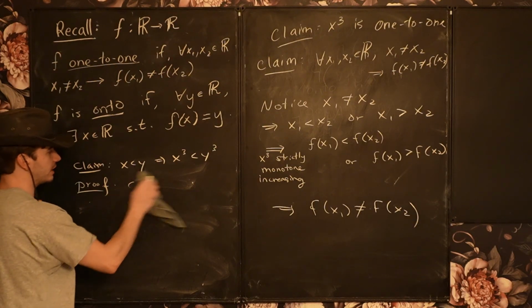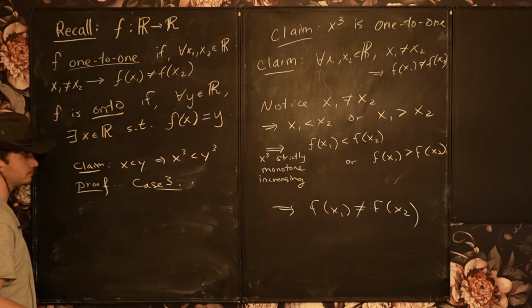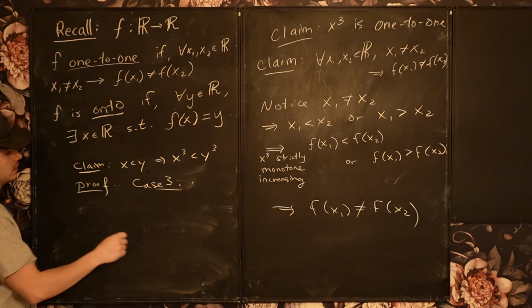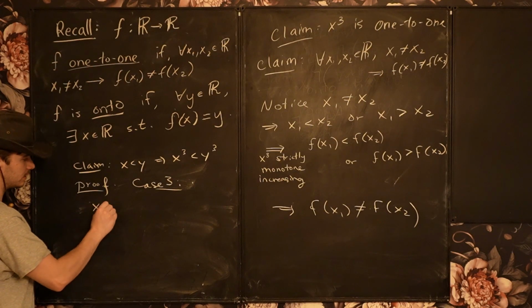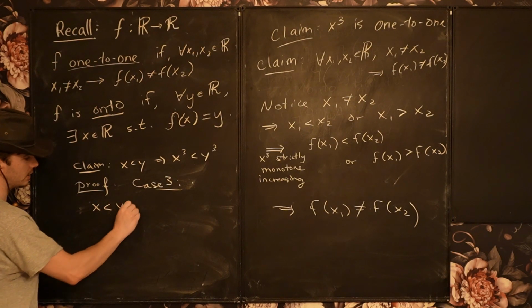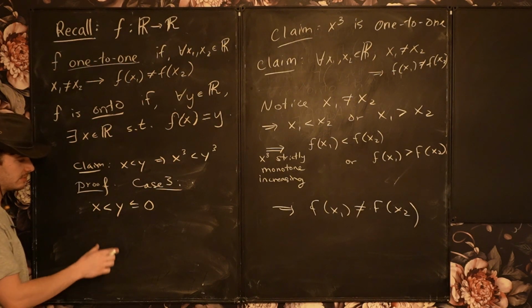And then in case 3, the most difficult one, which we were struggling through, we had x less than y less than or equal to 0. Okay, then I multiplied this inequality by x and by y.